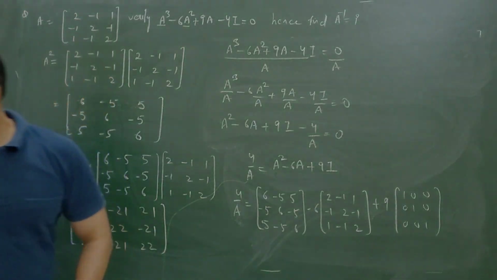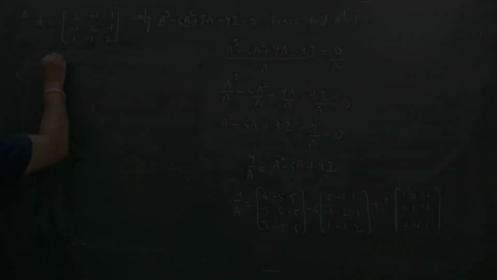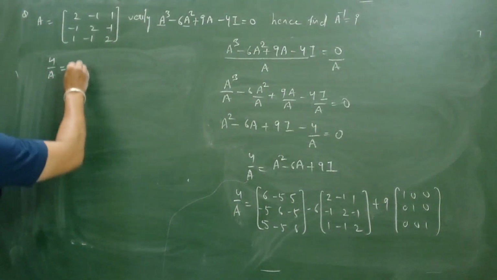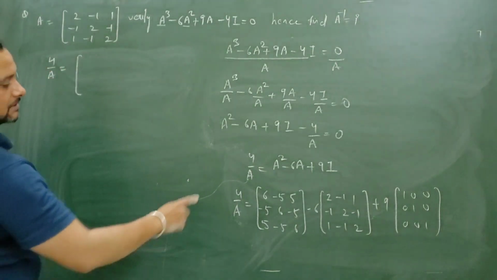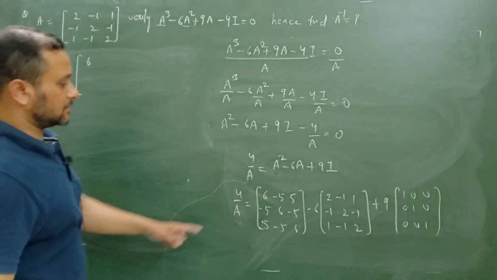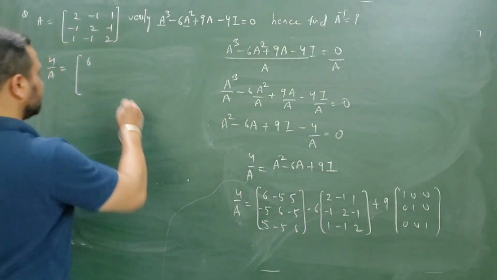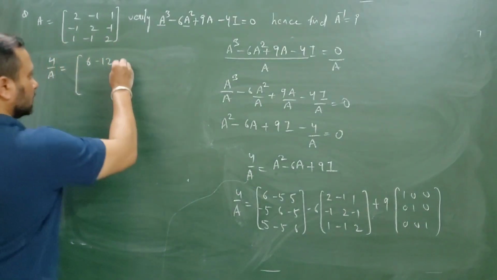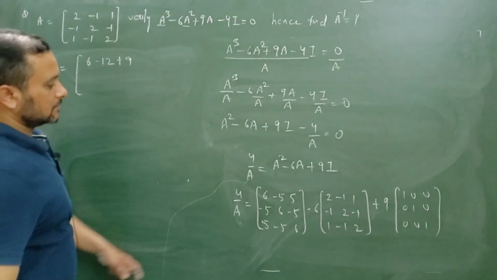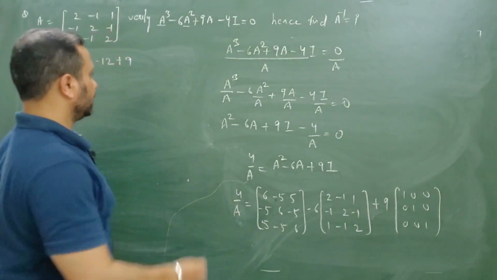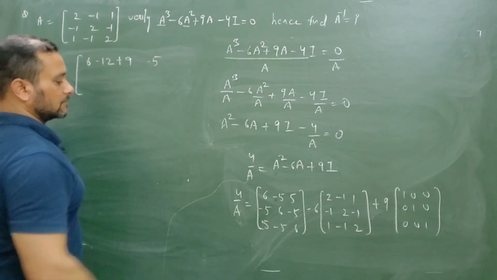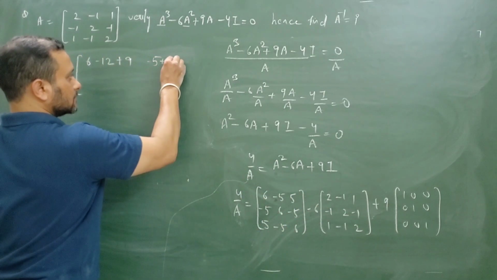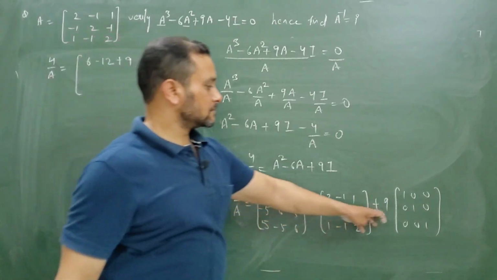Now next, handling this for 4A inverse, what matrix is left? First, 6 times 2 is 12, and 9 times 1 is 9. The second one, minus 5, minus minus plus 6. The next is 0.